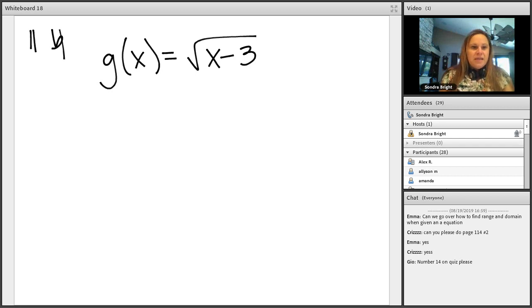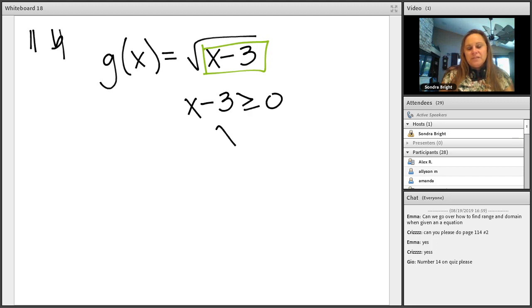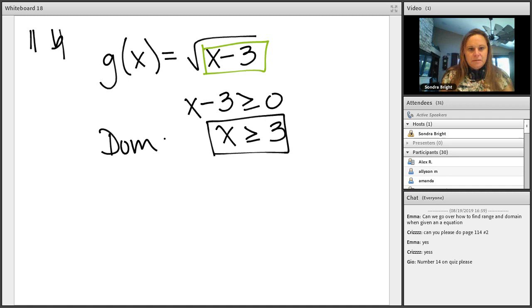And so what's underneath the square root needs to be greater than or equal to 0. So we've got x minus 3 must be greater than or equal to 0, which means x must be greater than or equal to 3. There's your domain. And technically that's x such that x is greater than or equal to 3.